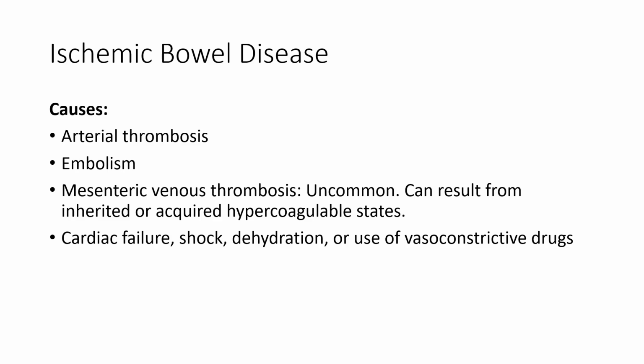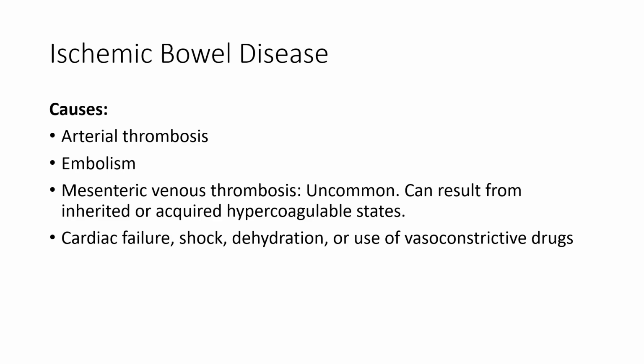Causes of ischemic bowel disease include arterial thrombosis, and the most important risk factor for thrombosis is severe atherosclerosis. Another cause is embolism. Emboli most commonly originate from aortic atheromas or cardiac mural thrombi. In a large majority of cases, acute obstruction is caused by thrombosis or embolism.